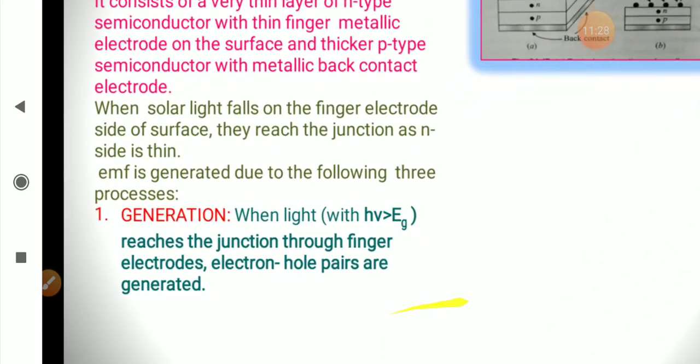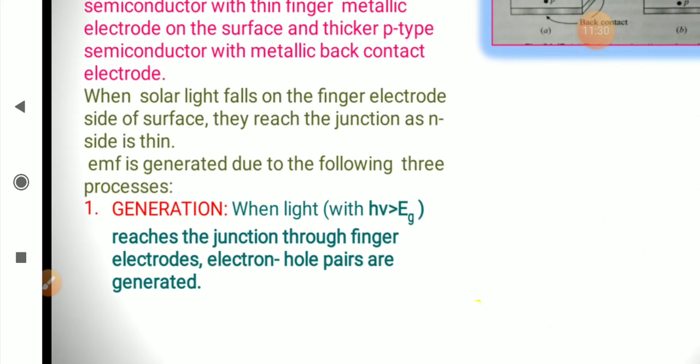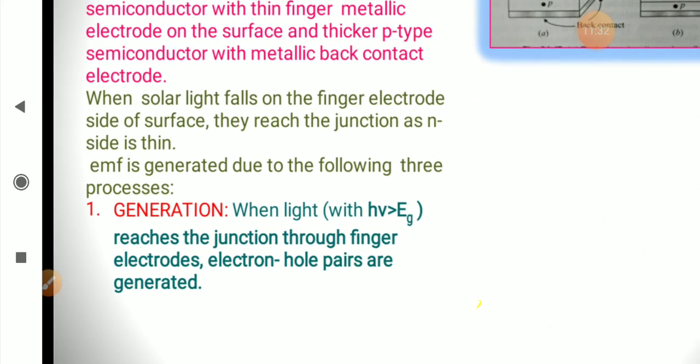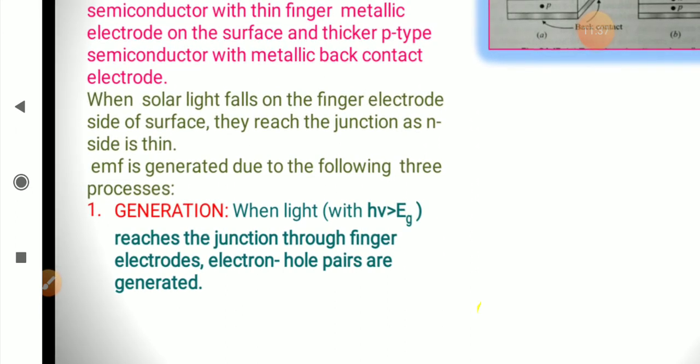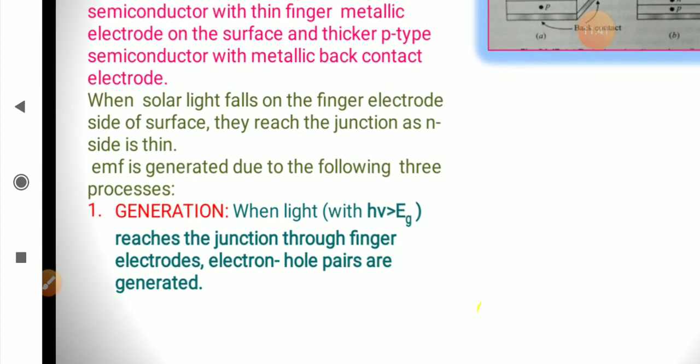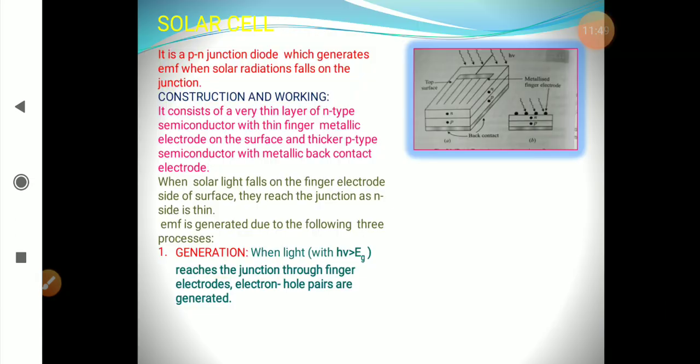Number one process, generation. When light with h nu, meaning energy of the incident photon, is greater than the band gap, and light of suitable frequency reaches the junction through finger electrodes, electron hole pairs are generated.